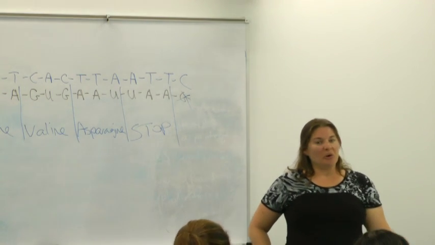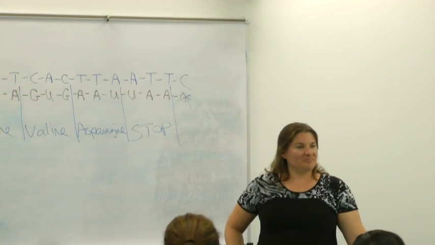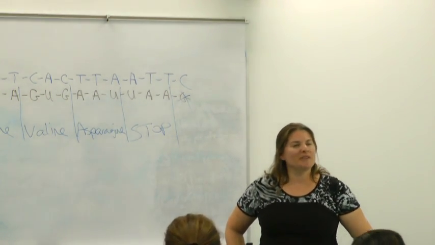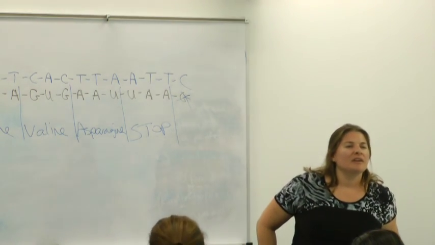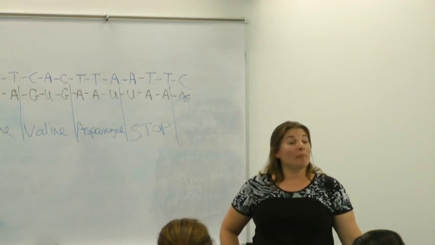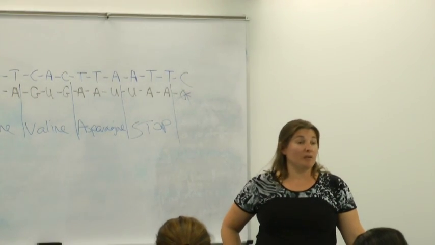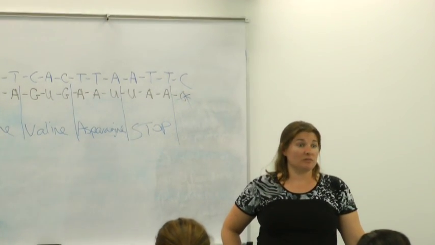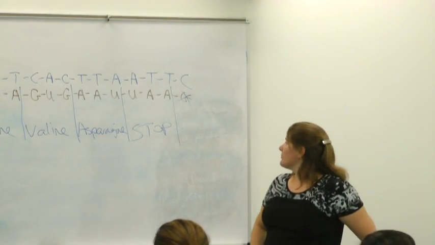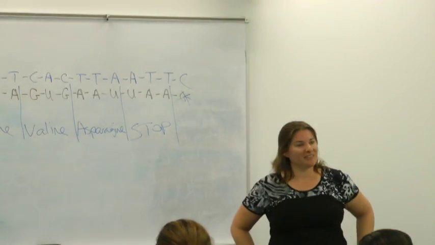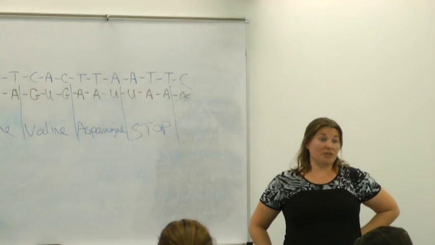The rest is non-coding. How do we know if it's not coding? It's not in between start and stop codons. It won't be coding if it's not in between start and stop codons. Isn't that cool? So that's transcription and translation.